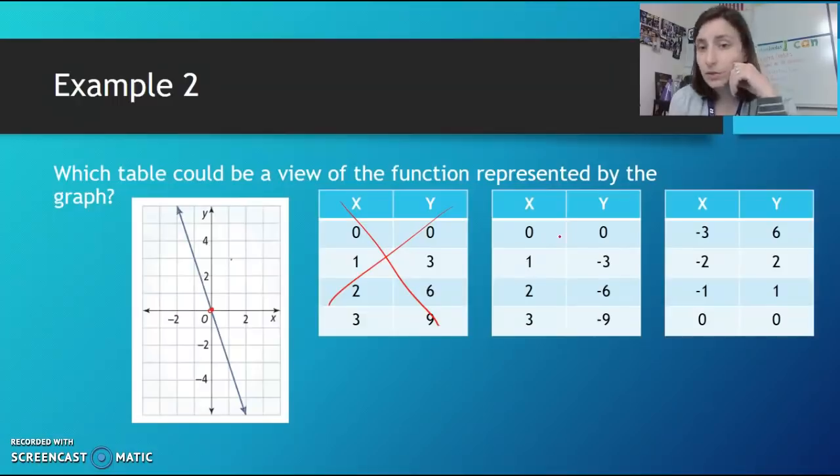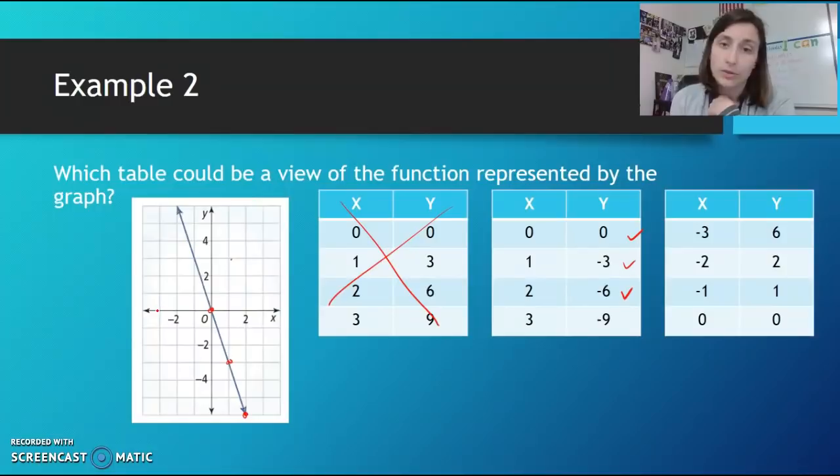So again, 0, 0 works. 1, negative 3. That one works. Here's negative 3, negative 4, negative 5, negative 6. So far that one works. Let's double check on this one. And if it doesn't work, process of elimination tells us it is exactly the middle one.